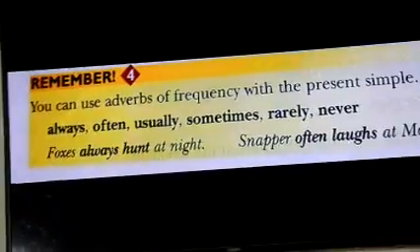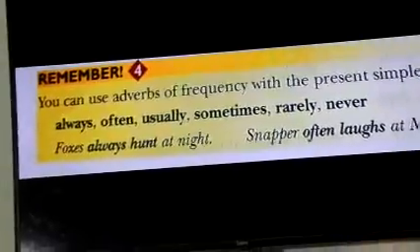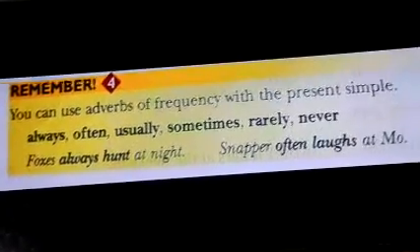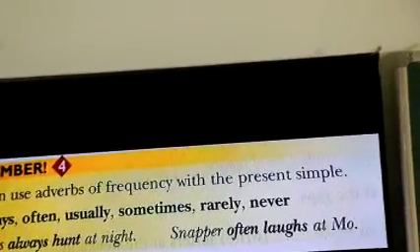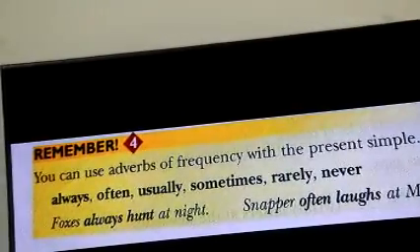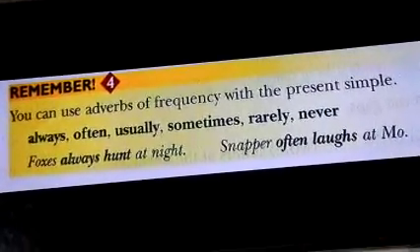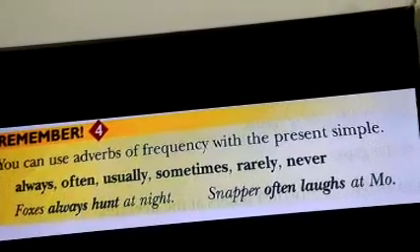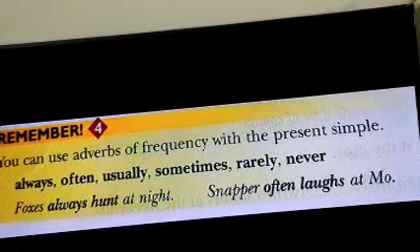Cut off the S. Snapper, noun in the singular, subject in the singular. The verb has to agree with the subject. So to make the verb singular, add S, the opposite of the plural of nouns. Clear? Alright, now we'll move on to the next slide.